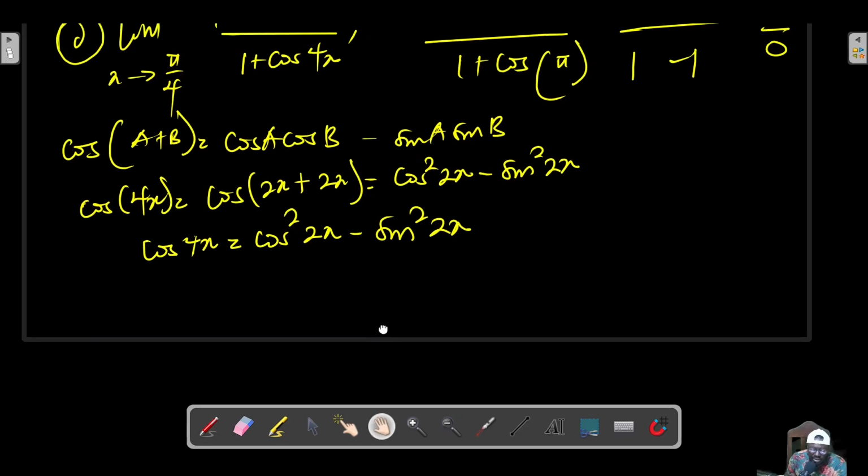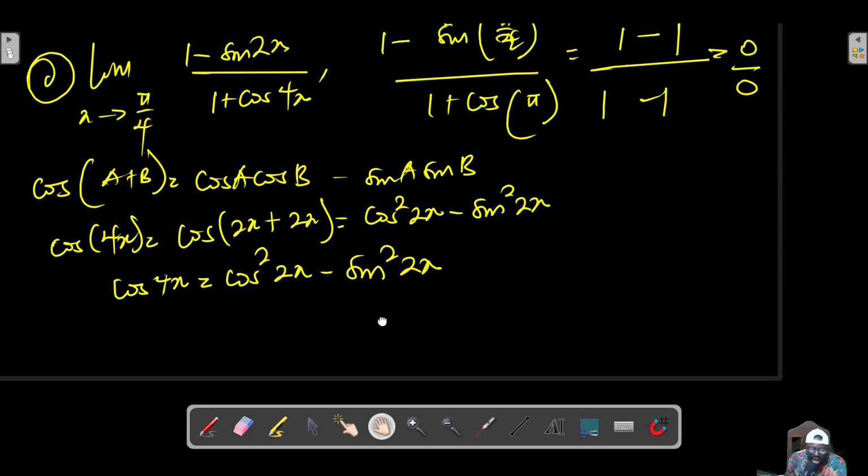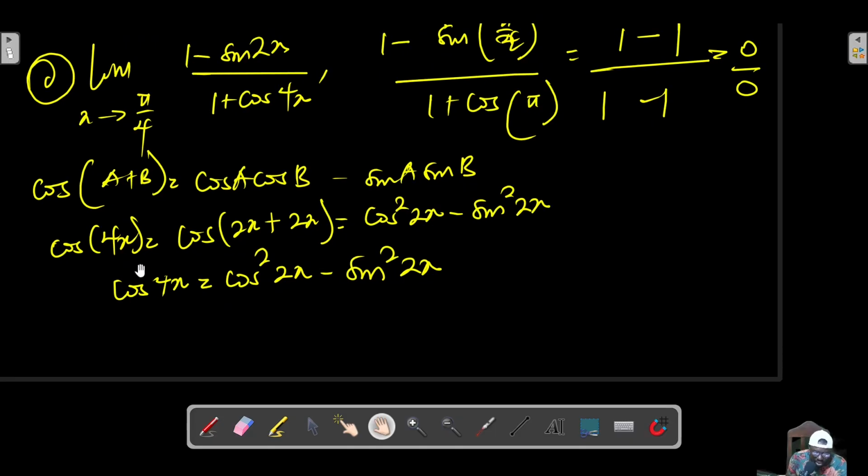Now, there's also one thing I can do. I want to make cos 4x the subject, such that all my terms will be in sine, so that when substituted into the expression, I would be able to cancel out some of the terms. So this is what I would do.